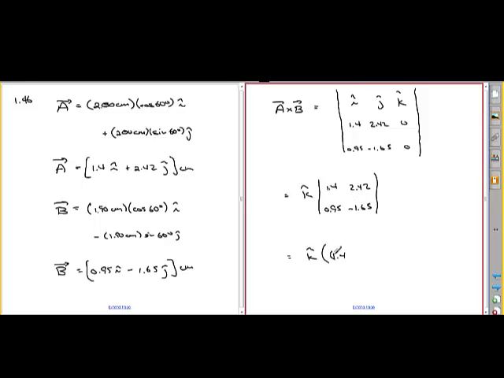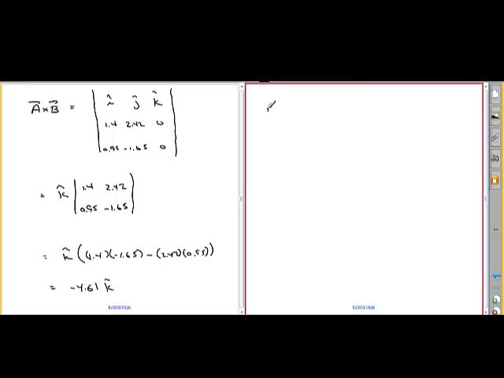So it's 1.4 times negative 1.65 minus 2.42 times 0.95, which is negative 4.61 k. So that's the cross product, or the vector product.